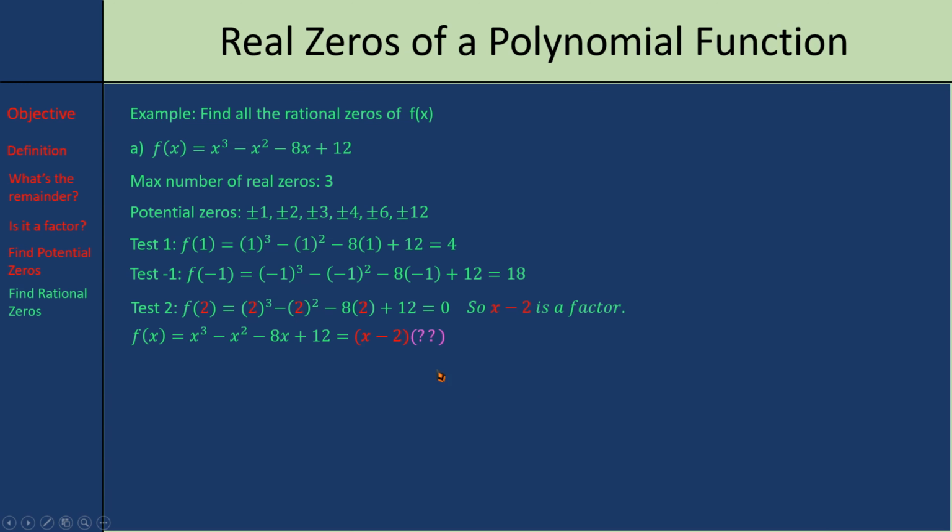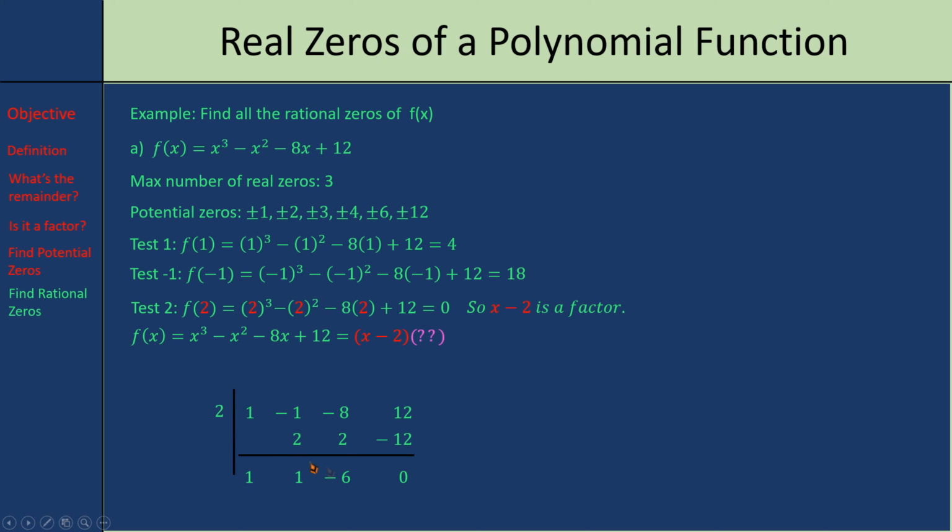So one way to do it is just to divide, right? Take f of x divided by x minus 2. I'm going to do synthetic division here. So I take f of x, all these numbers, 1, -1, -8, and 12. And I divide by x minus 2, which means I put 2 out here. And I divide that. See, I get 0. It works. When I divide that, I don't have a remainder.